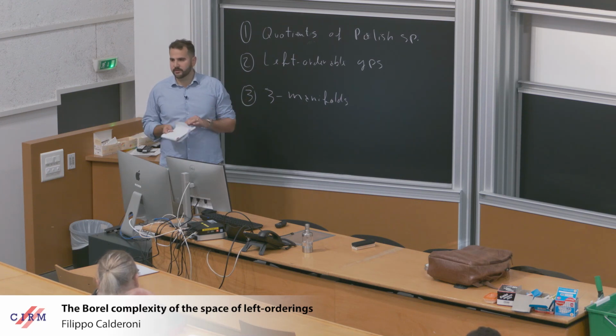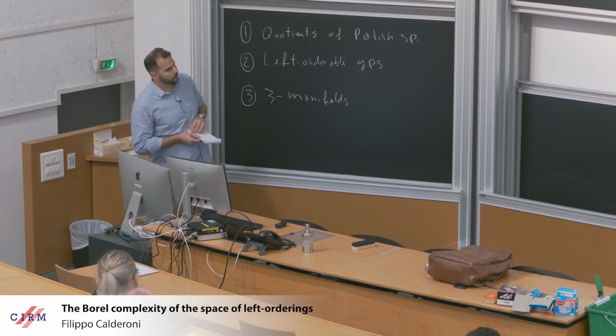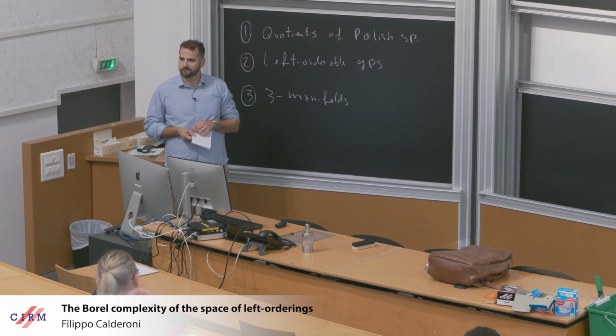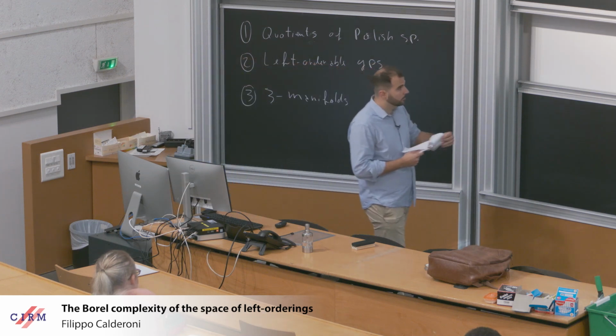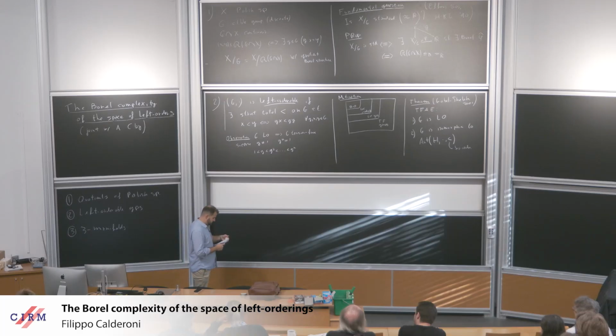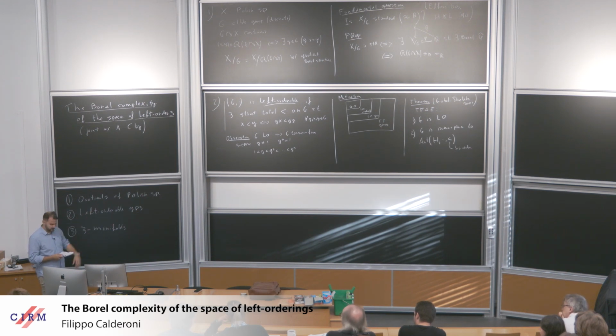Yeah, it's still a left order on the group. Okay, I just want to mention this theorem because I found it's a good motivation for this. I'm not saying that I'll be using it in the rest of the talk.